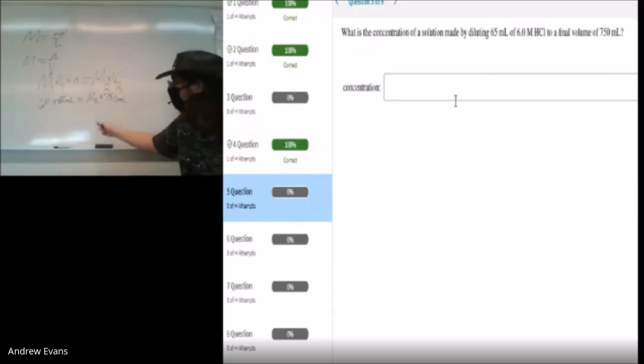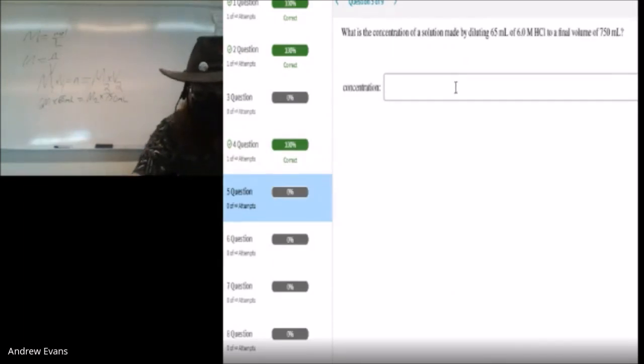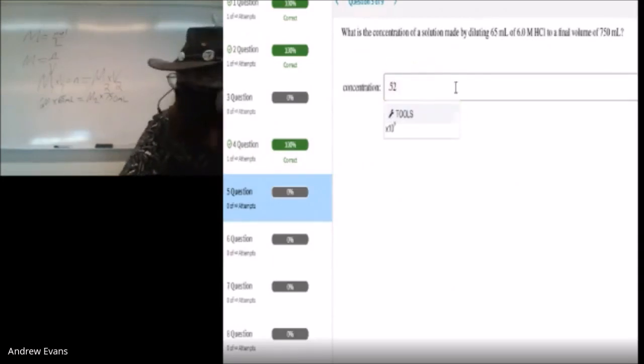So with that in mind, we will isolate the molarity. How do we do that? We multiply those two together and divide both sides by 750. So 6 times 65 divided by 750 gives us 0.52.